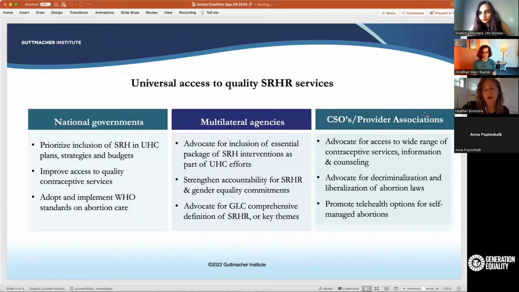And finally, we're also looking at the whole debate around universal access and the ways that this evidence can be leveraged in those spaces. Again, we focus on national governments and multilateral agencies. For national governments, we're thinking a lot about what plans and strategies they're setting out for achieving universal health coverage. What are the ways that quality services can be a focus, and how does this inform that?